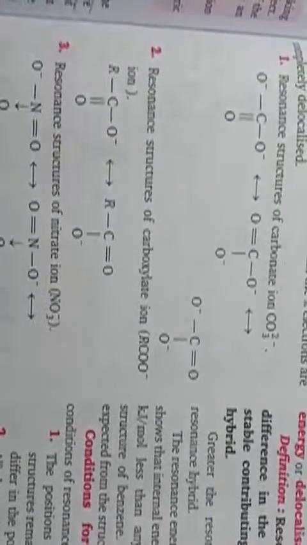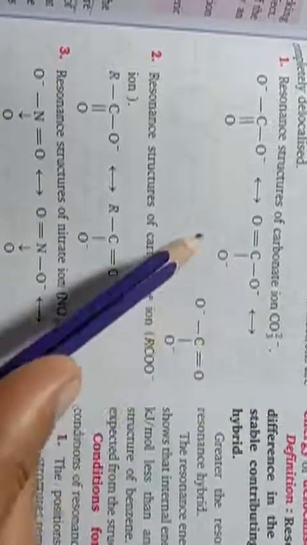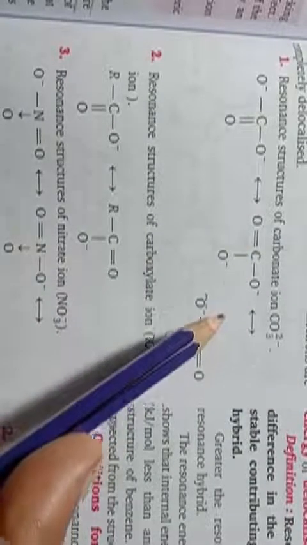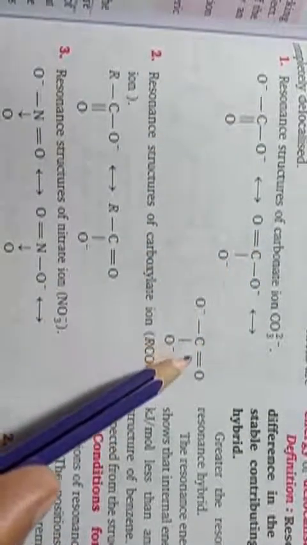These ion structures have the same position of atoms but differ in the distribution of electrons. So resonating structures have the same position of atoms with respect to each other, but the electronic distribution is different.